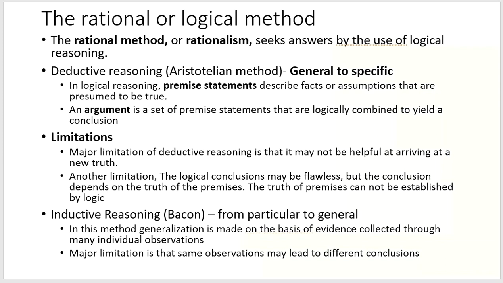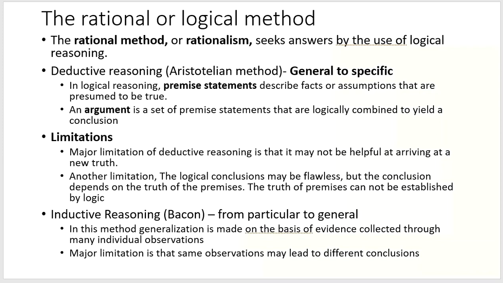But this method has several limitations. The first limitation is that it will not help us arrive at a new truth, and as per our definition of research and science, we strive to discover new knowledge.